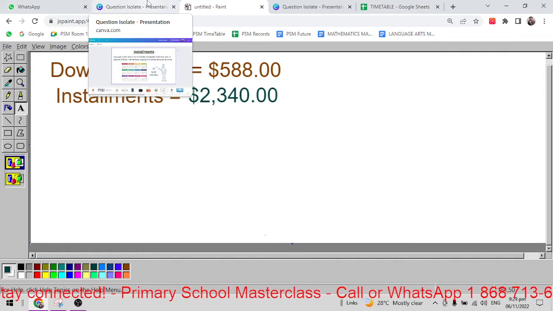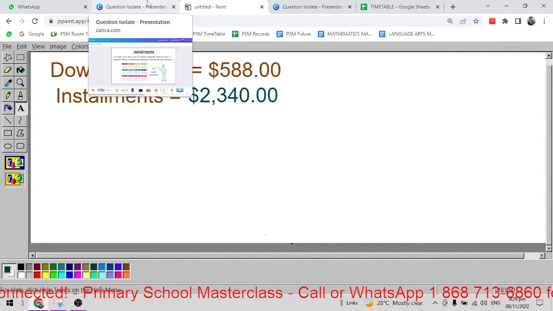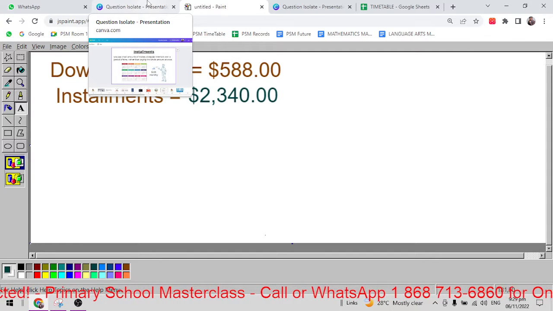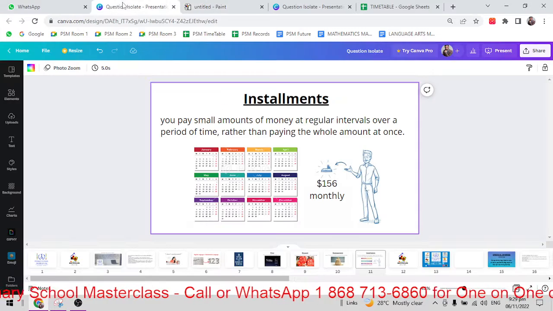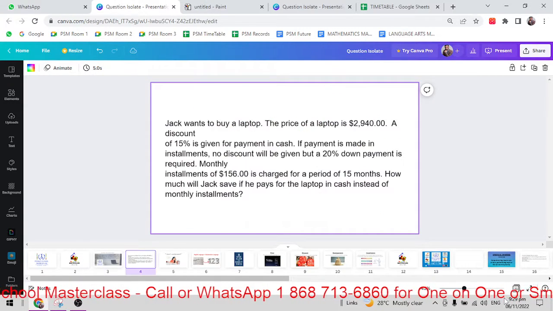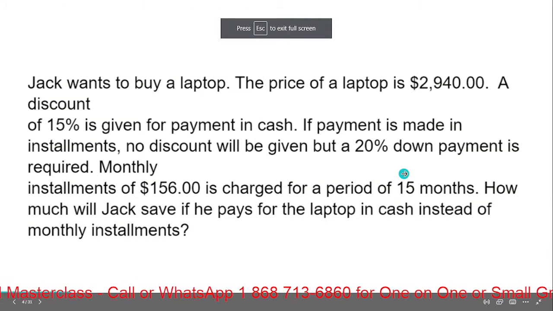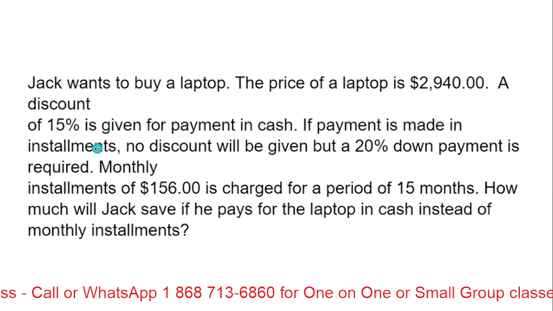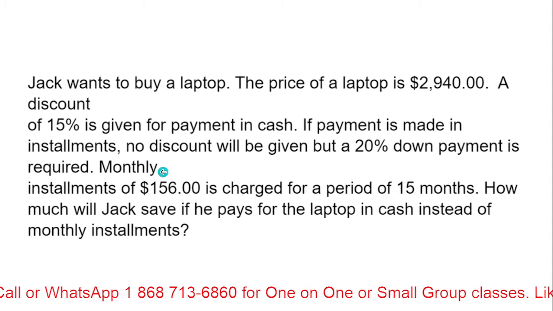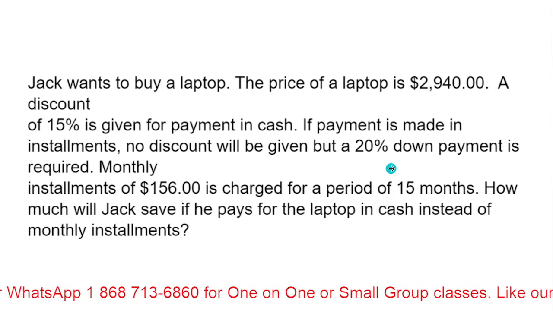So this is the situation where Jack did not pay for everything one time in one day. So if he paid with installments, he will need to pay the down payment as well as the installment of 156 by 15.